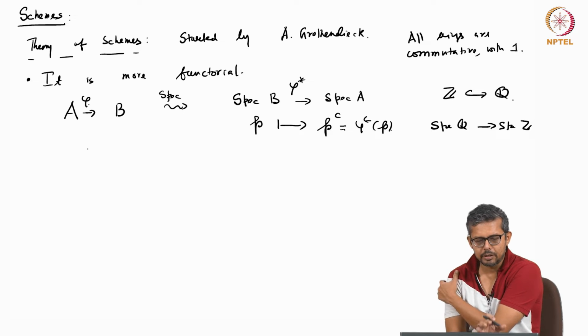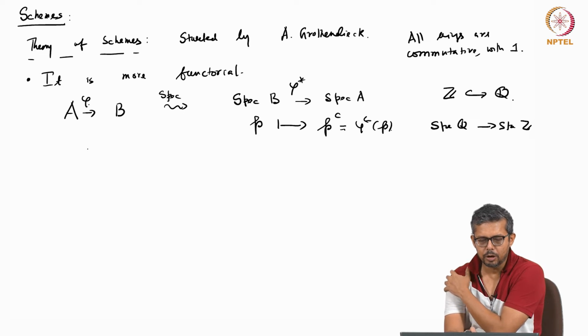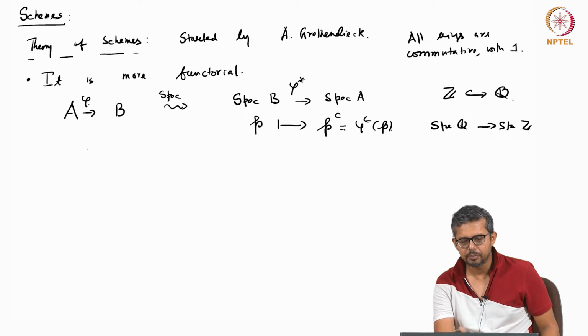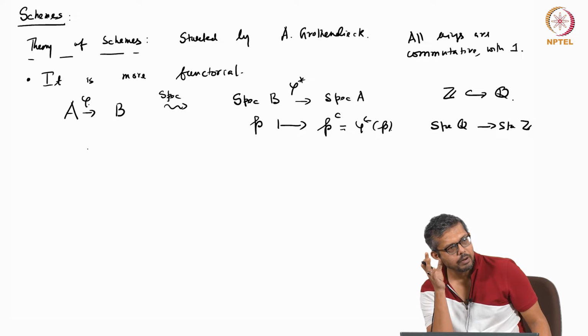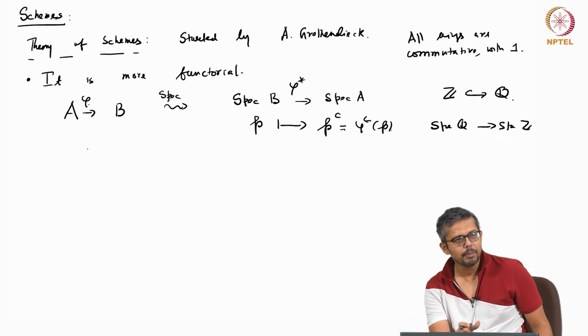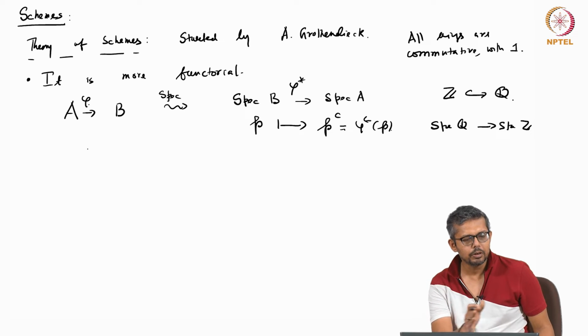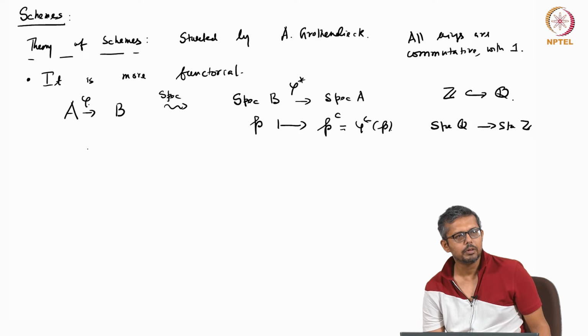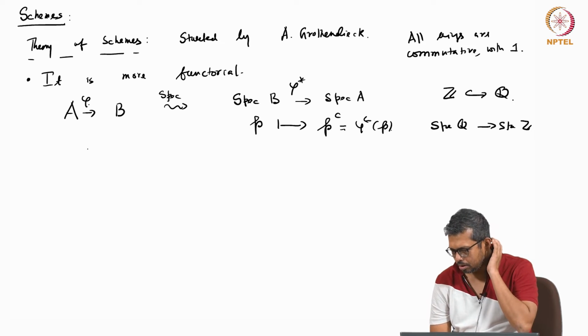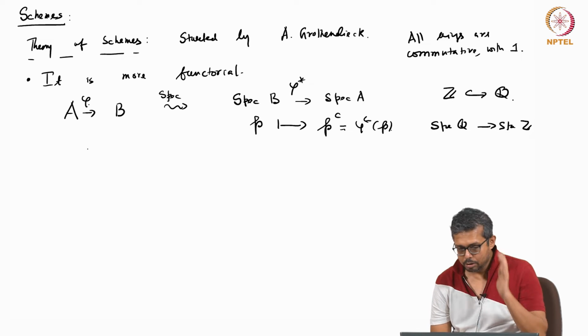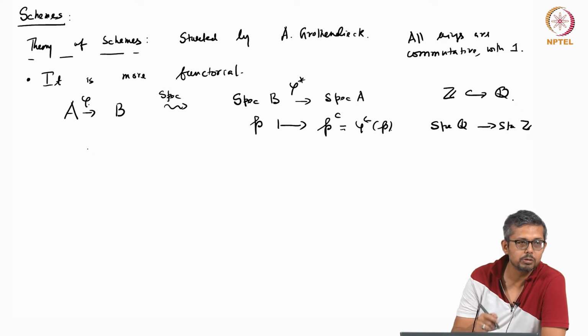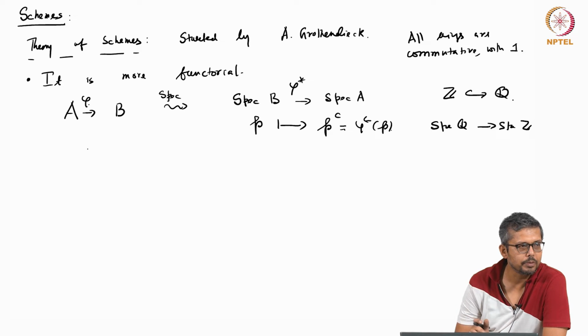If you can put a topology on this set of all prime ideals, then any continuous map actually comes from a ring homomorphism. So the Spec functor is a good contravariant functor.